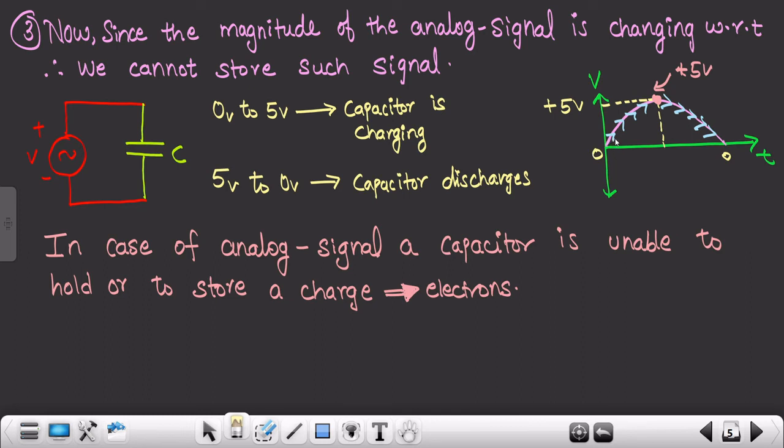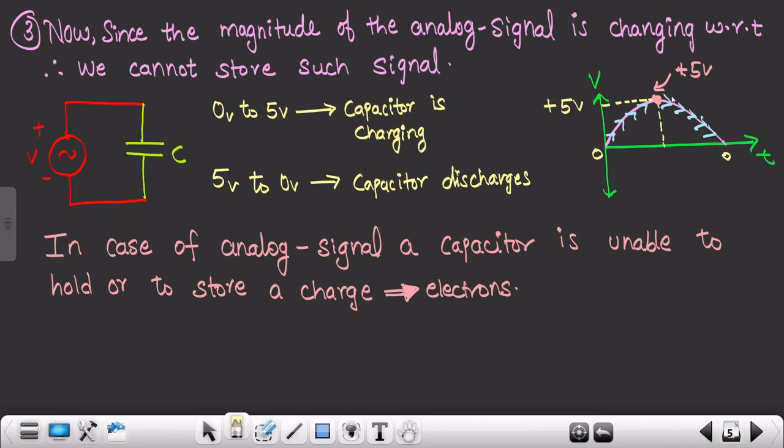At time t equals 0.1 second, since it is giving 0.1 volts, the charge on the capacitor would be 0.1 volts, right? Similarly, at time t equals 2 seconds, the voltage it will provide is 2 volts, so the capacitor will also charge up to 2 volts, right? So when this voltage source gives 5 volts to the capacitor, obviously the voltage on the capacitor would be 5 volts.